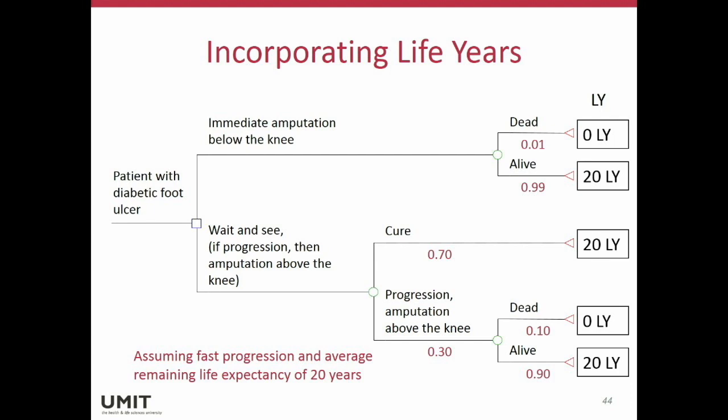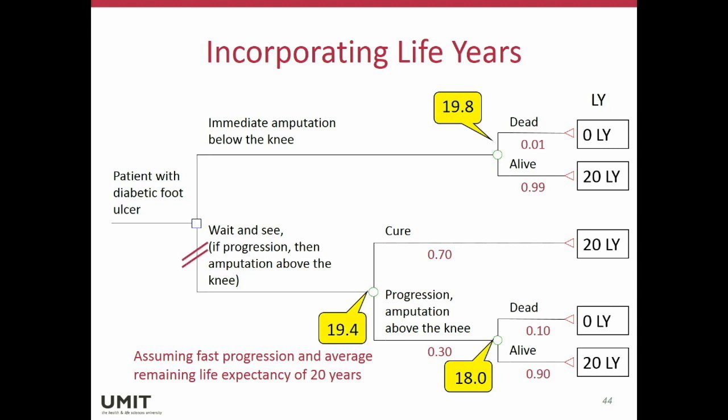We're interested in life years, even though everybody dies eventually. Now you can see that if some strategies delay death, or bring it earlier, then that goes into these analyses, whereas everybody would be dead at some point. So if you do the calculation, you can calculate these numbers, and we have the same winner, which is immediate amputation below the knee.